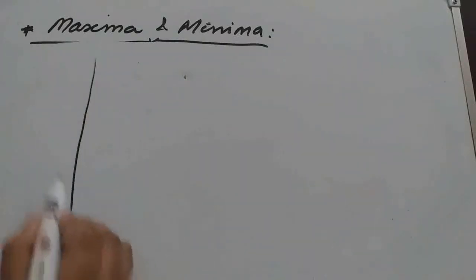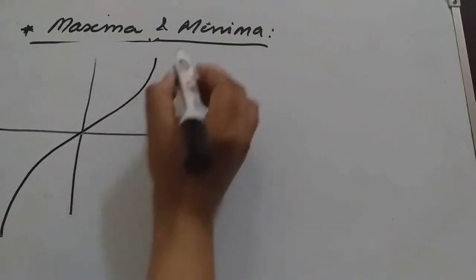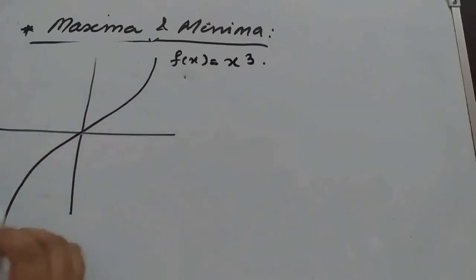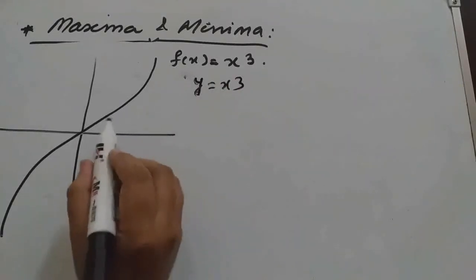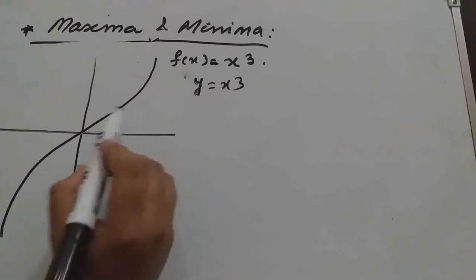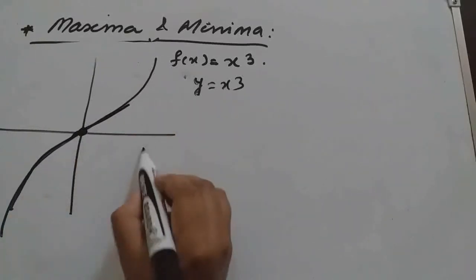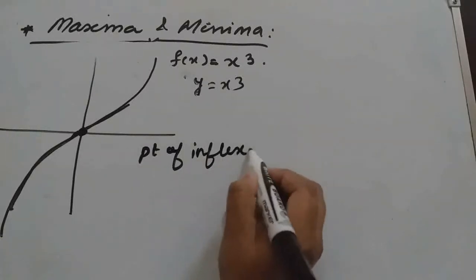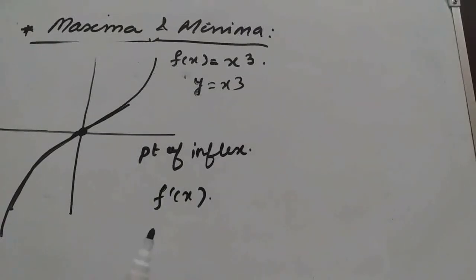So you can consider the graph of x cube here, y equal to x cube or f of x is equal to x cube. So see here, this point is called point of inflection, because f dash of x is not changing sign here.